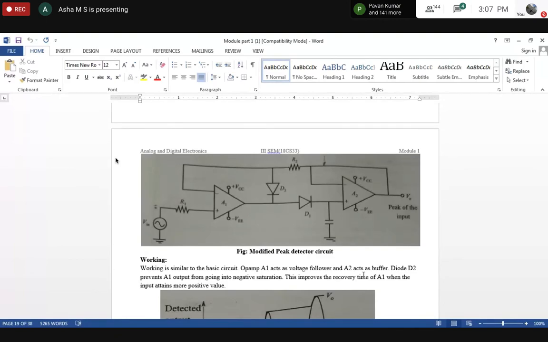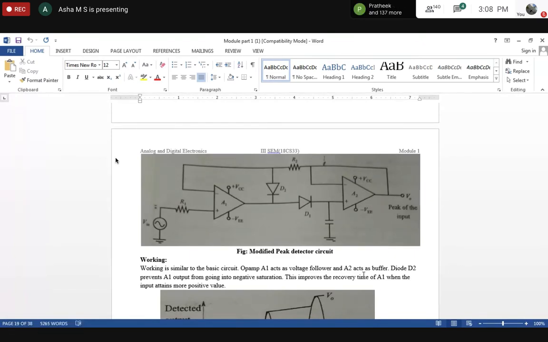And now if you observe here in this circuit diagram, for the op amp A1, I said that A1 acts as a voltage follower. So what is the input that we have applied to this one? The input that we have applied is Vin, correct? Vin is the input for which I have to detect the peak, and I want that input at my basic circuit. Where is your basic circuit?